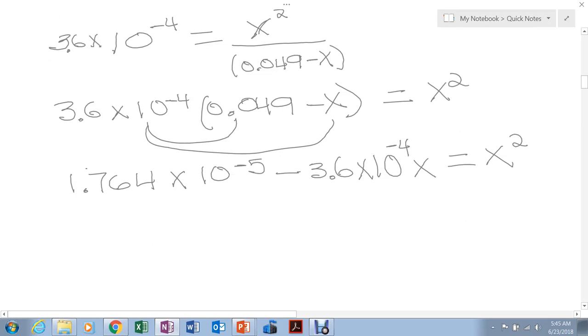So we take everything to the right side, so that way x squared stays positive.